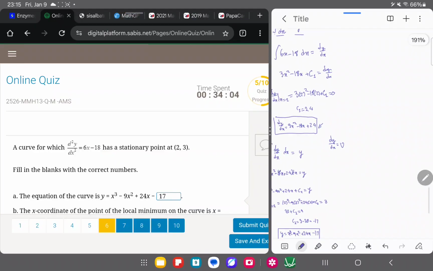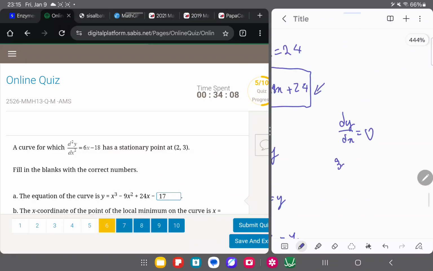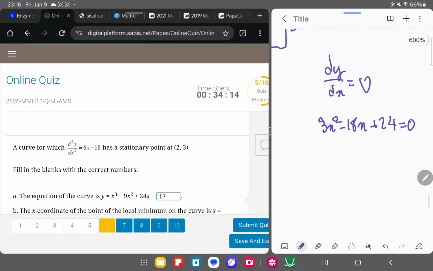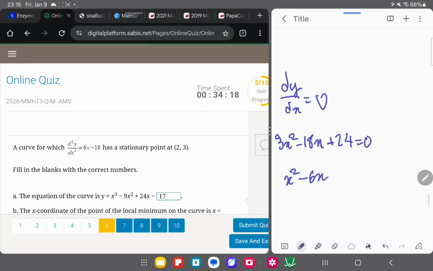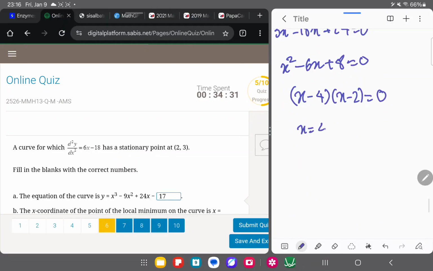Therefore, I have dy over dx's formula, which is 3x squared minus 18x plus 24 is equal to 0. I can factor out the 3 and just cancel it on both sides. I get this. And I just do simple factorization, and I get x minus 4, x minus 2 is equal to 0. Therefore, the turning points are x equals 4 and x equals 2.